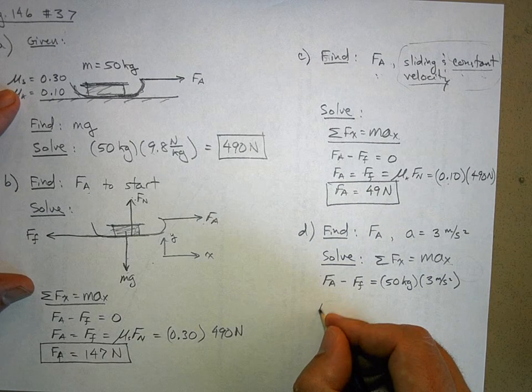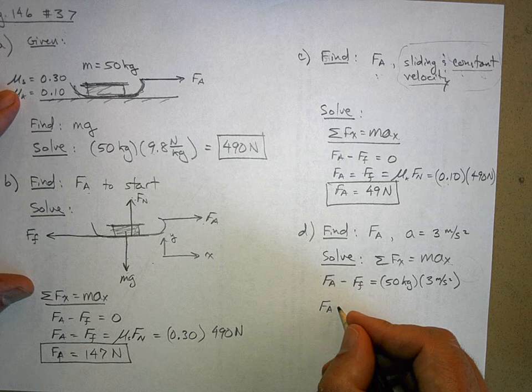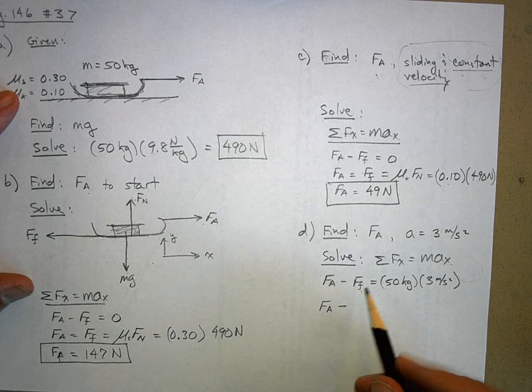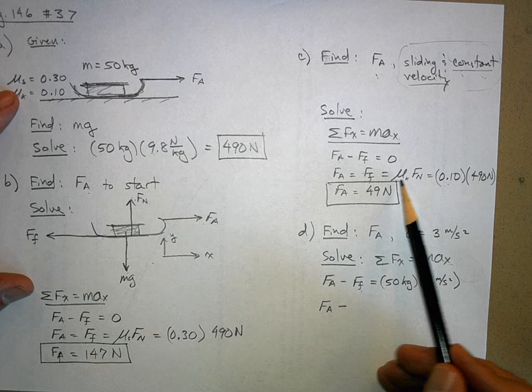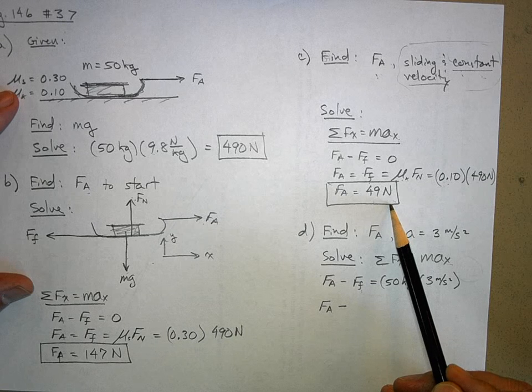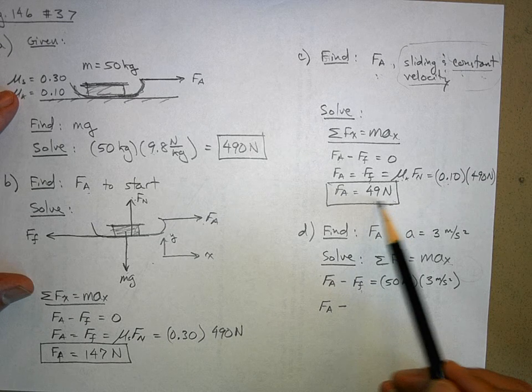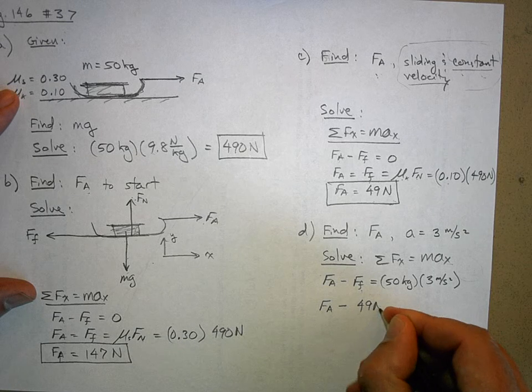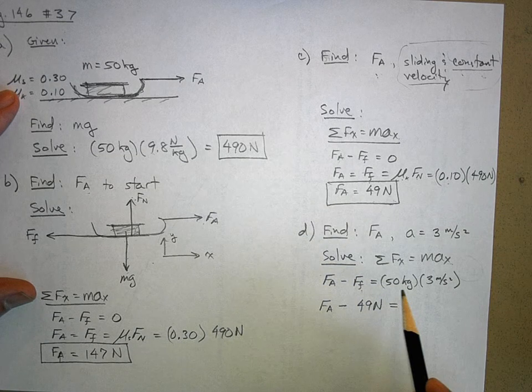So Fa minus the force of friction. Now it's okay to use your previous problems to take little shortcuts. The force of friction is mu times the normal force. It's 49 newtons, right? Because it's sliding, so that's sliding friction or kinetic friction. So Fa minus 49 newtons equals, now what's 50 times 3?